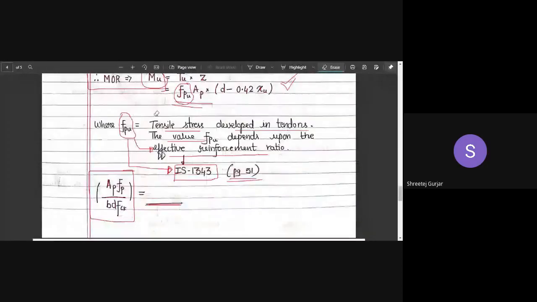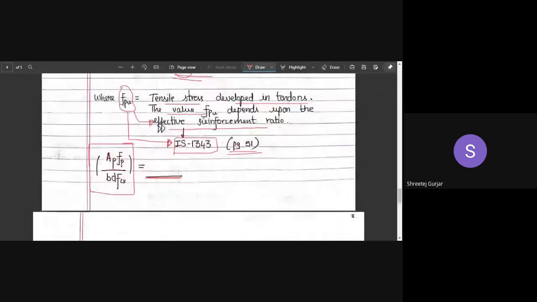Very nice. Okay, so I'll explain once more. As I've told you, AP by AP, FP by BD FCK, this value we will calculate. Suppose it is 0.3. You have to look whether it is a pre-tension beam or a post-tension beam.